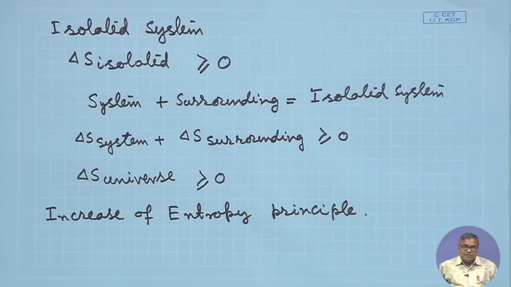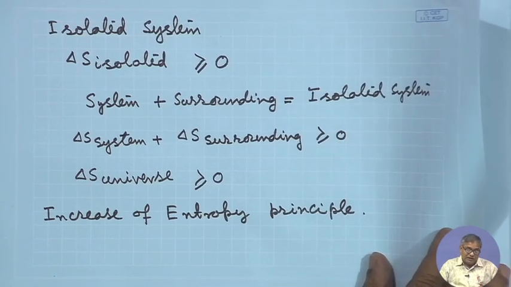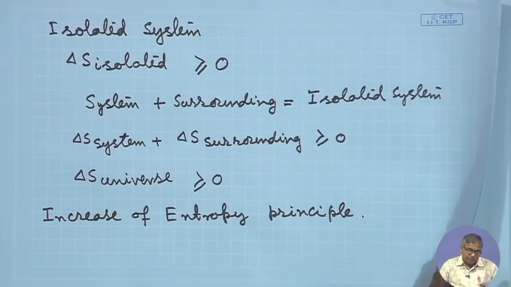The picture becomes complete if we take the concept from the second law. For a system that is not interacting with anybody else, it is isolated, then its entropy will tend to increase and ultimately it will try to maximize. So, this is the conservation of energy principle and the increase, or maximization, of entropy principle.